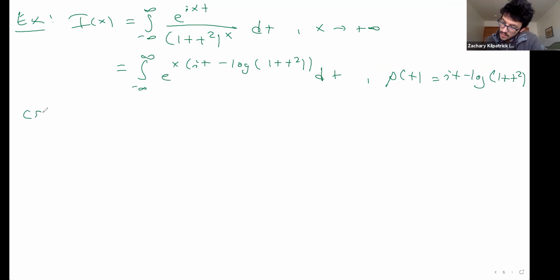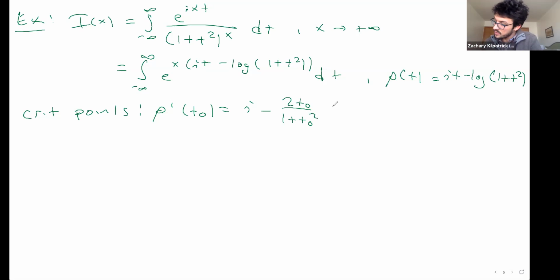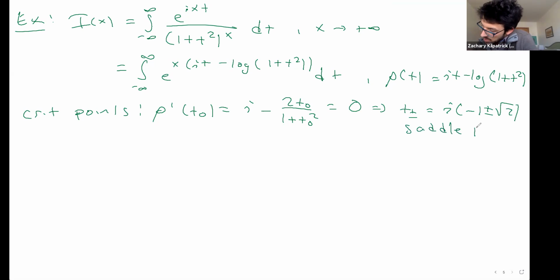Now the critical points of this are going to be where phi prime of t0 is equal to i minus 2t0 over 1 plus t0 squared is equal to 0. In other words, where t plus or minus is equal to i times (minus 1 plus or minus the square root of 2), and these are going to be saddle points.